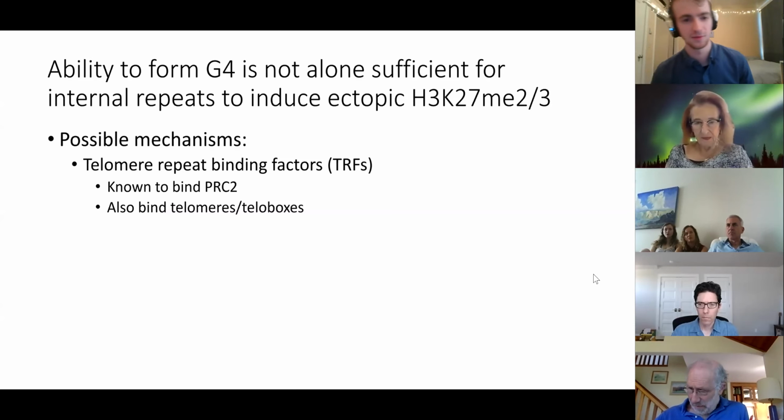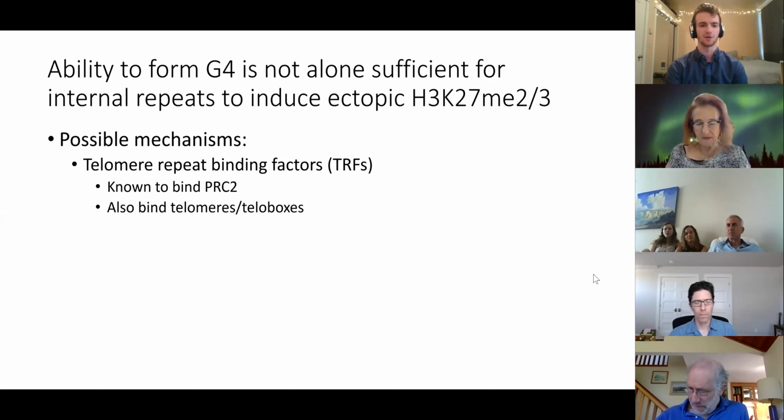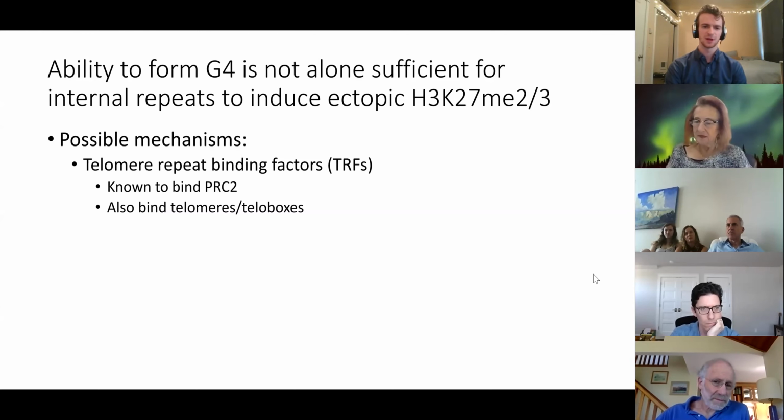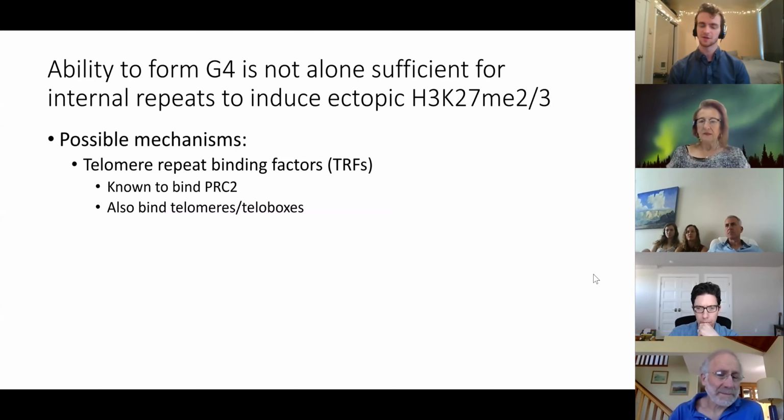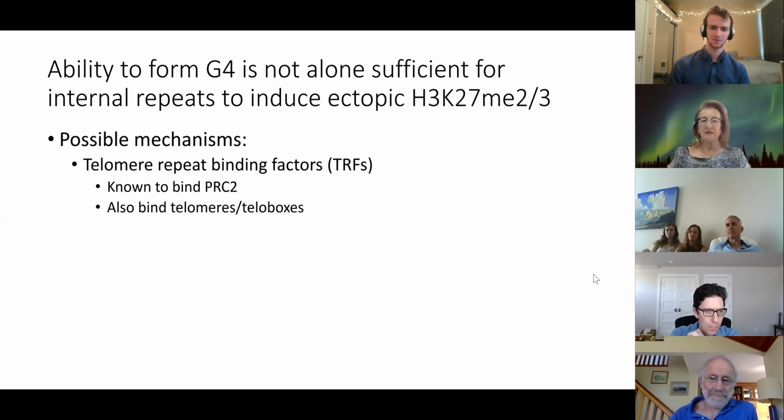One mechanism that I thought was quite likely was that TERFs, or telomere repeat binding factors, could be involved, which are known to bind PRC2 and also bind telomere and teleblock sequences, which are just smaller regions of telomeres found in the middle of DNA. Because there's an affinity for both of them, it might recruit PRC2 to a region for the methylation to be induced.